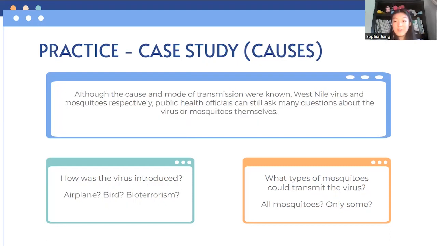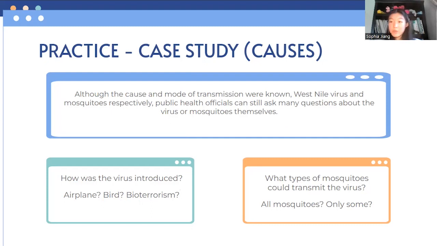And finally, the causes. So even though we are given the cause and the mode of transmission, like, the mosquitoes and the West Nile virus, public health officials can still ask many questions about the virus or the mosquitoes themselves. Because you got to ask, how was the virus introduced?